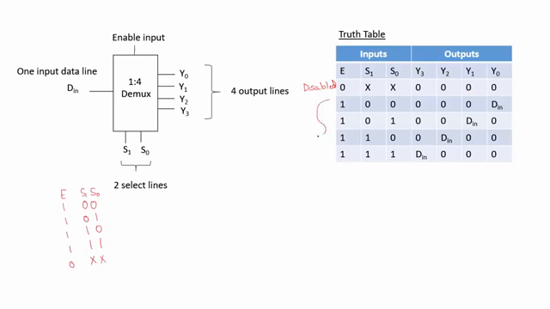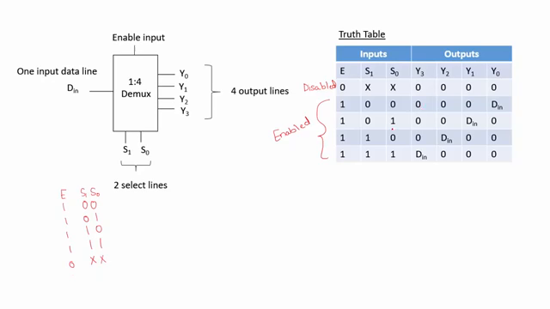These 4 cases indicate when the demultiplexer is enabled. Since it is an active high enable input, E must be 1, and when the combination of select lines S1 S0 is 0 0, then the DIN data line gets connected to Y0, hence Y0 becomes DIN and the other three will be 0.